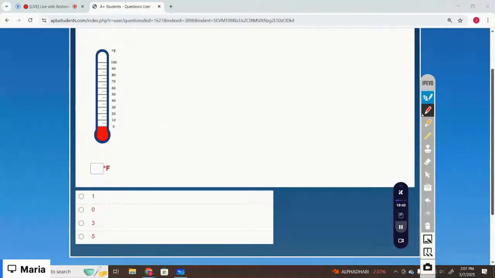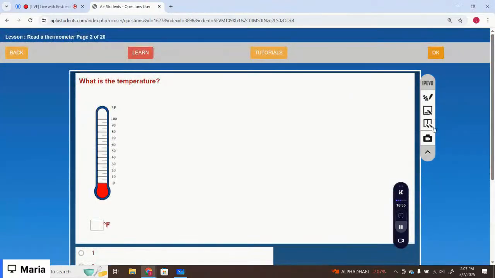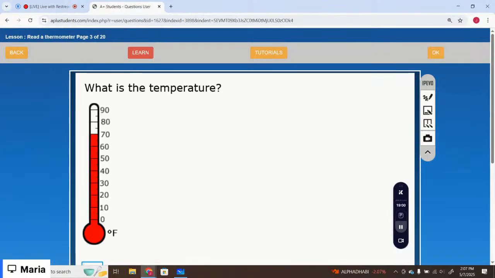So the color changing from red to white is at 0. So the temperature is 0 degree, sorry, not Celsius. We have F here, that is 0 degree F. Option number two is the correct option, that is 0 degree F. What is the temperature, which is the correct option?